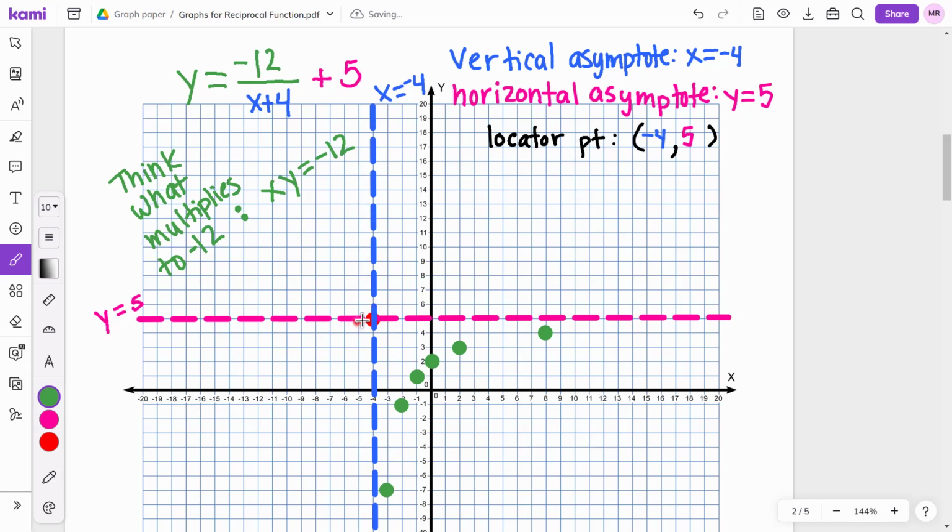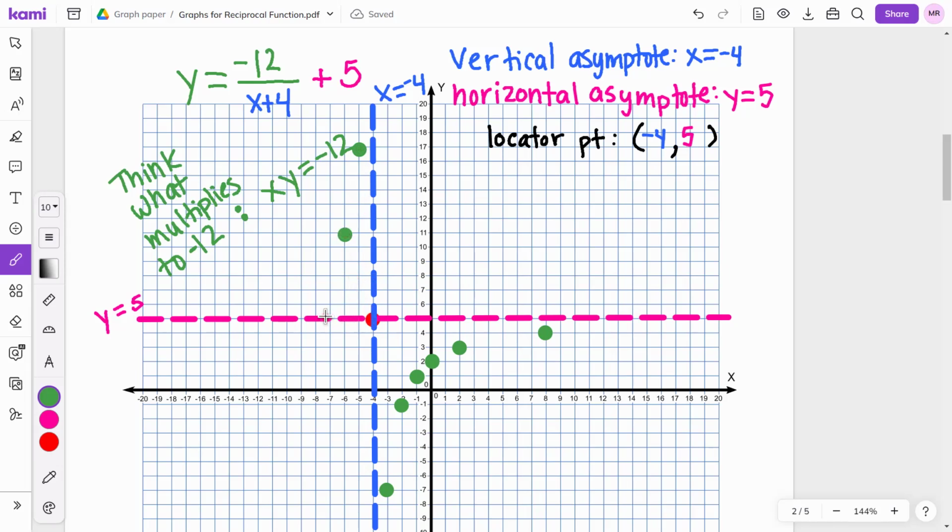And I'm going to do the same thing over here. I'm going to go a -1 away and a negative times a positive. So I'm going to be going up to a positive 12 away. 1, 2, 3, 4, 5, 6, 7, 8, 9, 10, 11, 12. -2. And then I'm going to go up 6. 1, 2, 3, 4, 5, 6.